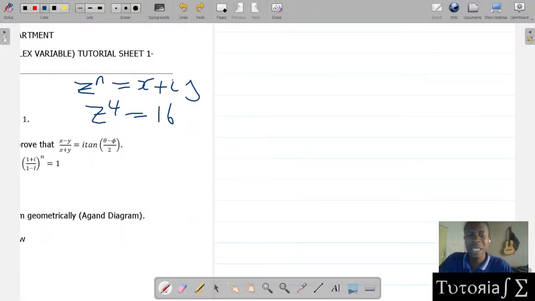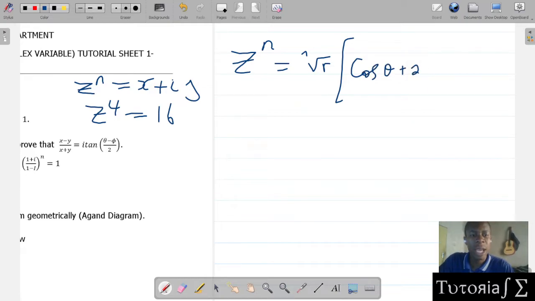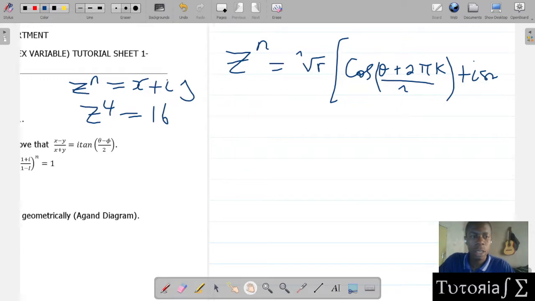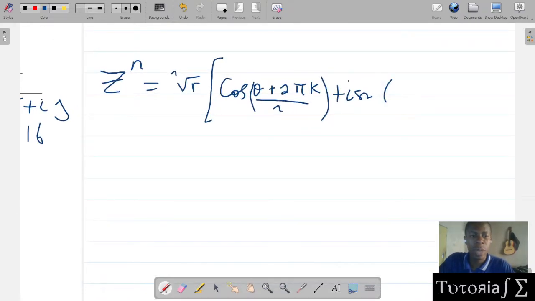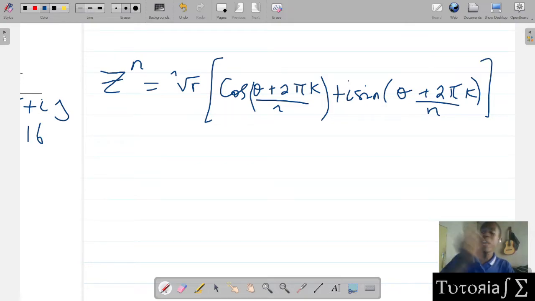Whenever you have z to the power n, this is equal to the nth root of the radius, open brackets, cos of (theta plus 2 pi k) over n, close parenthesis, plus i sine of (theta plus 2 pi k) over n, and we close. From here you have everything that you need.